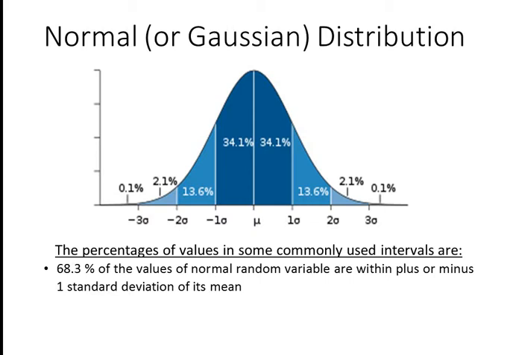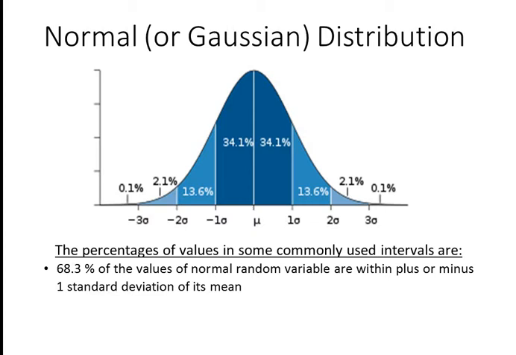So the dark blue area in the center is 68% of the total 100% area, and it's calculated as a sum of two 34.1% areas from minus one standard deviation, to the left of the mean, to plus one standard deviation to the right of the mean.